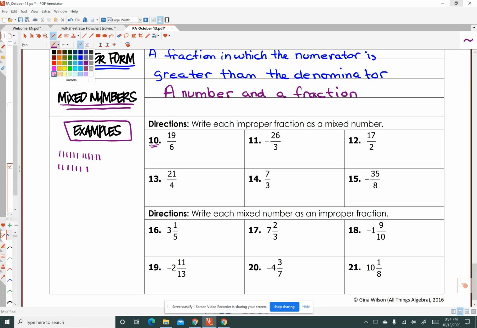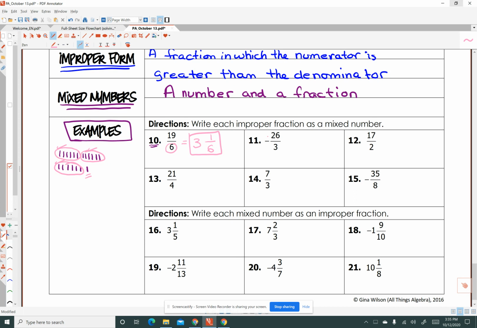So how many groups of 6 do we have? That's what we're looking at, because each one of these is a sixth. So here's 6, here are 6, here are 6, and then we've got this 1 left over. So we have 3 groups of 6 with 1/6 left over.